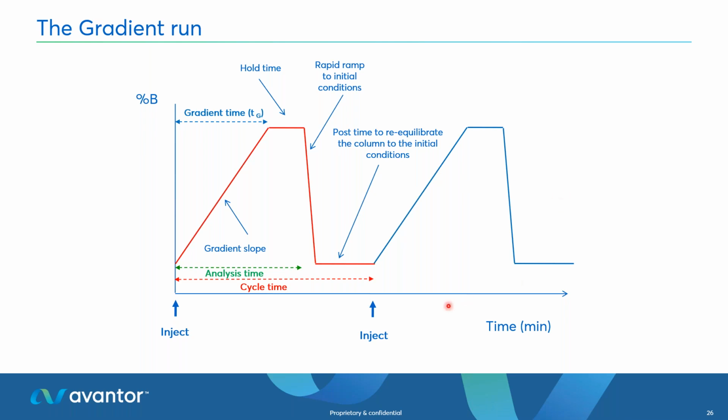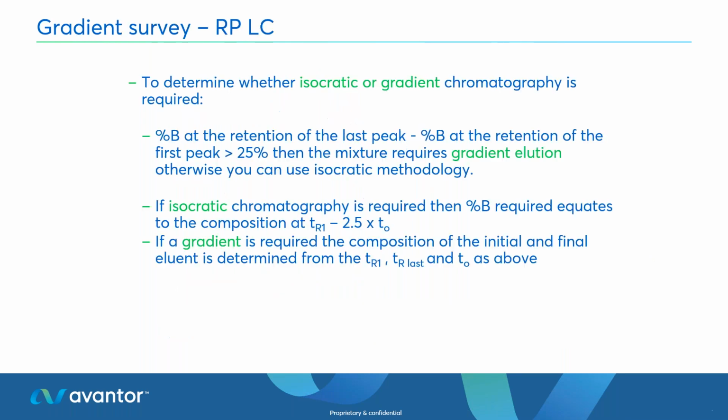So how do I know whether I should run a gradient or whether that isocratic method is fine? There's a nice simple trick to know whether a gradient is better than an isocratic. It does involve one scouting gradient run.